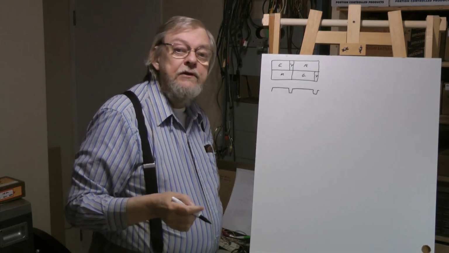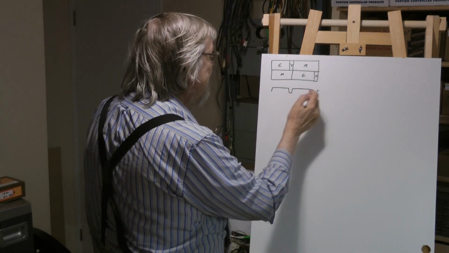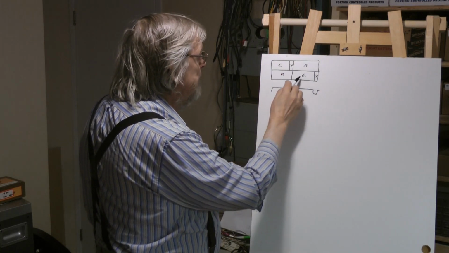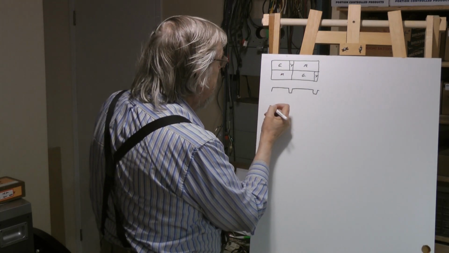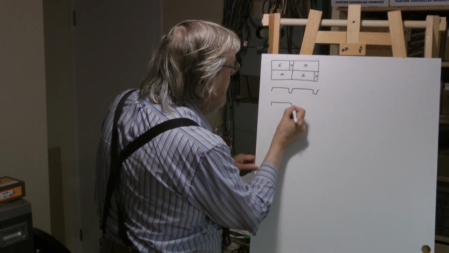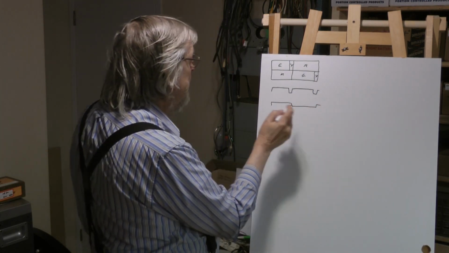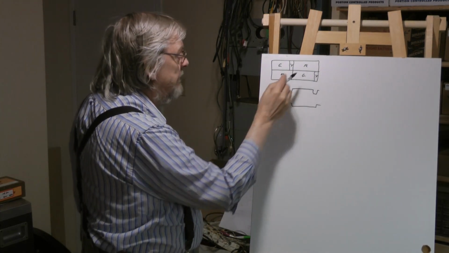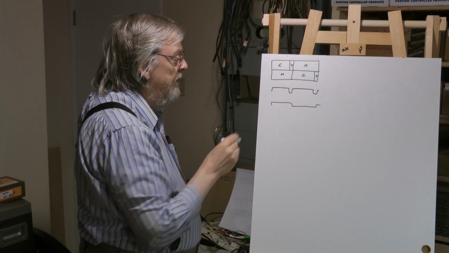I can't draw worth a darn, but you can get that with a 555 timer. That would give us our green, yellow. And by triggering a flip-flop on the positive excursions, we can get our red waveforms.